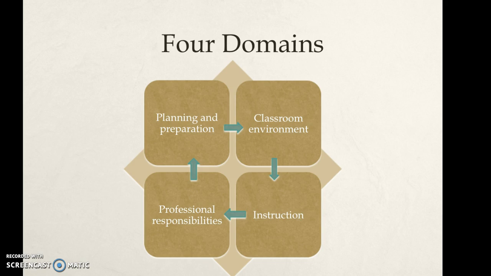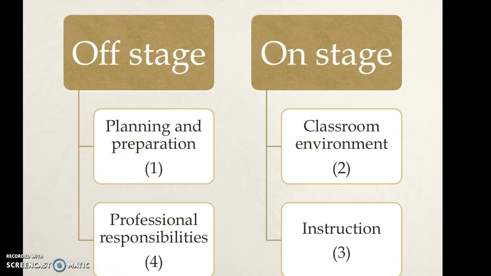The structure of the framework with the 4 domains is cyclical, much like the reflective cycle that our teacher candidates have learned about in their practicum experience, and they're continuing to practice in their student teaching experience, where it's continued growth, always thinking, always planning about these, and it follows nicely with those 4 domains.